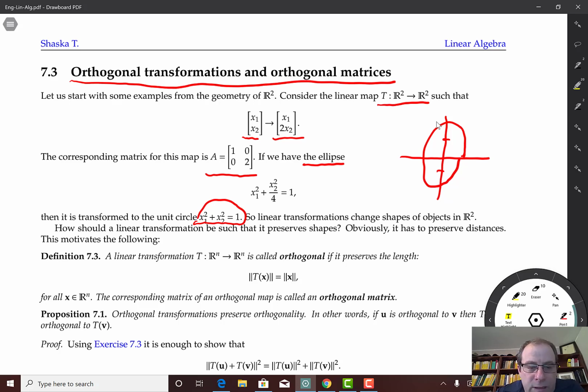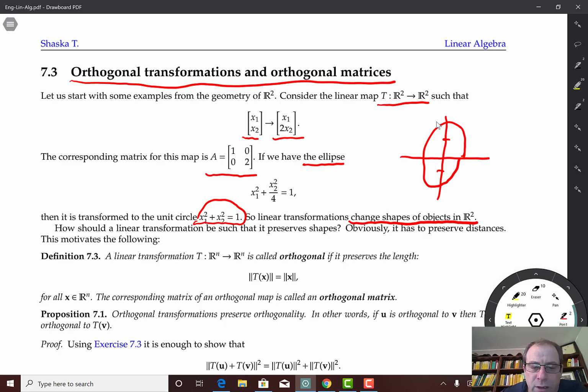So what's the point of this example? Linear transformations change shapes. Under a linear transformation, the geometrical shape could actually change. So can we somehow characterize these linear transformations which preserve shapes? Well, in order for a linear transformation to preserve shapes, it has to actually preserve what? It has to preserve lengths.